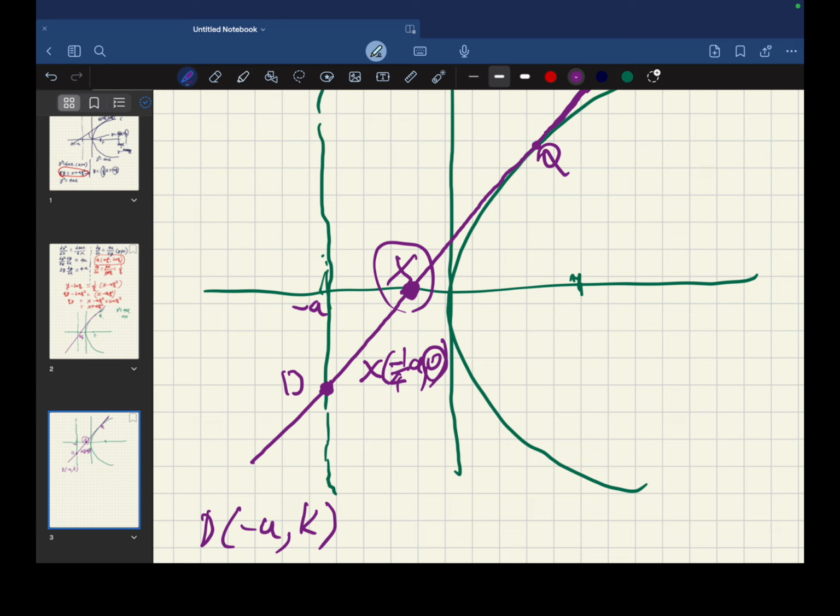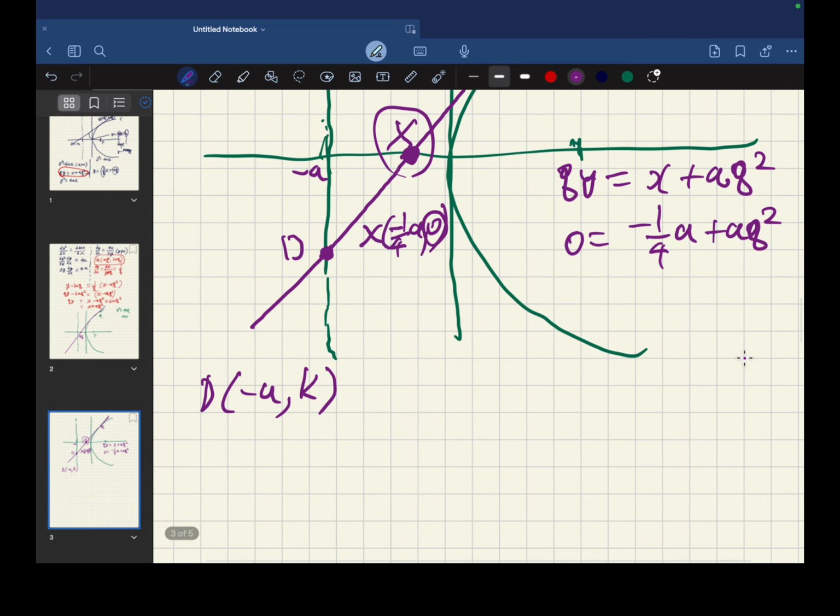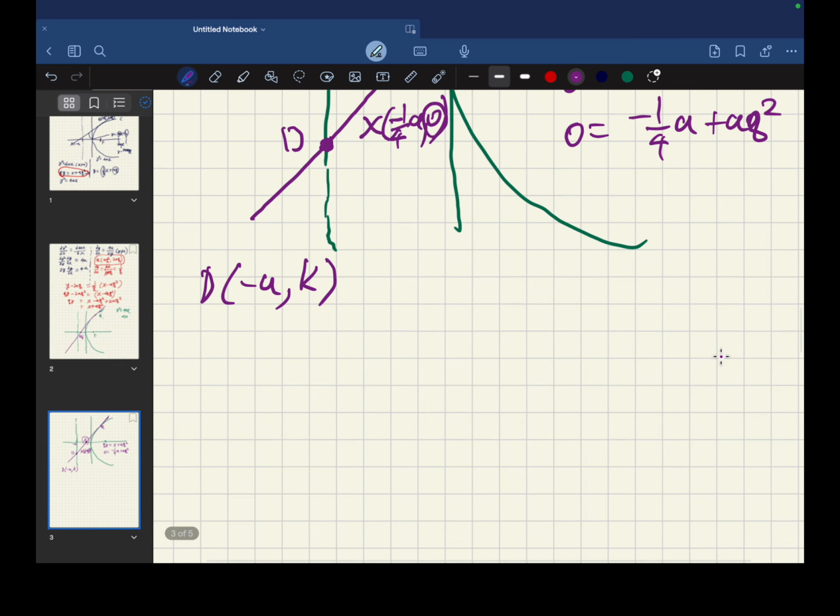So now I want to substitute into this equation, qy is x plus aq squared. So 0 is equal to minus 1 over 4 a plus aq squared.